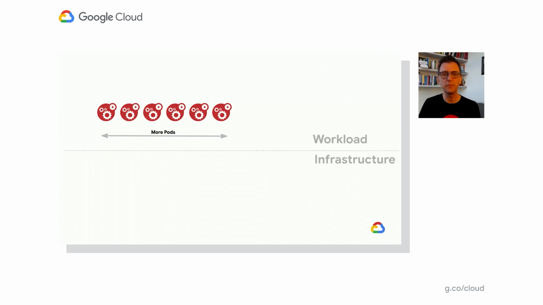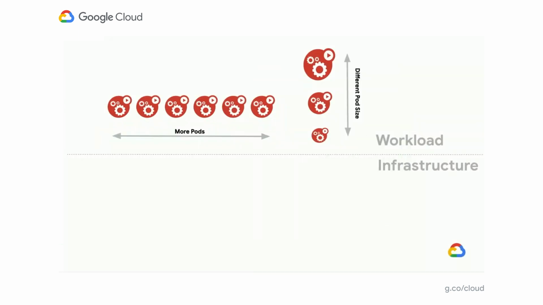Take a database or file system as an example. This is where the vertical pod autoscaler comes to the rescue. It monitors resource utilization and allows for adjusting the pod requests to either improve performance or reduce unused resources.